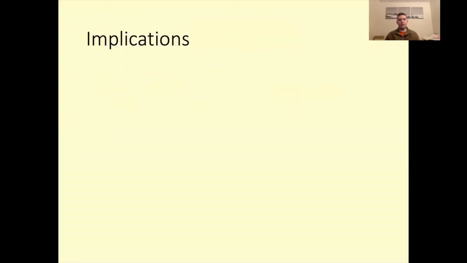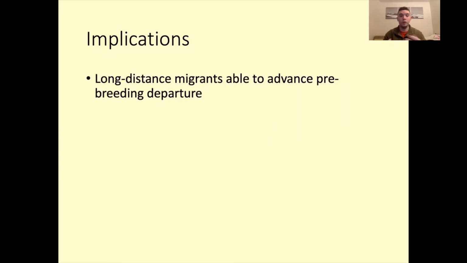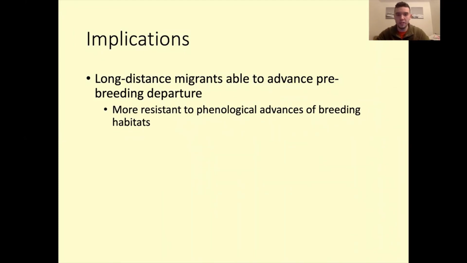So what does all of this mean? I've given you all of these results, but what does that mean for long distance migrants going forward? How might this have an impact on their populations, or how might they be able to adapt to further warming of the globe? So what we saw was that long distance migrants are actually able to advance their pre-breeding departure from sub-Saharan Africa. And what that might do is render species more resistant to phenological advances of their breeding habitats.